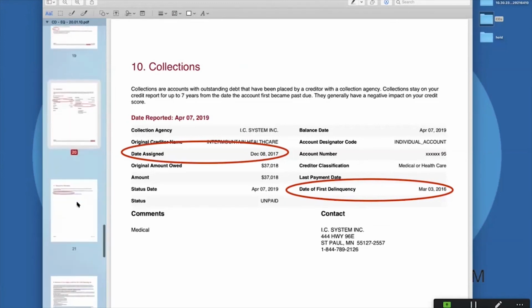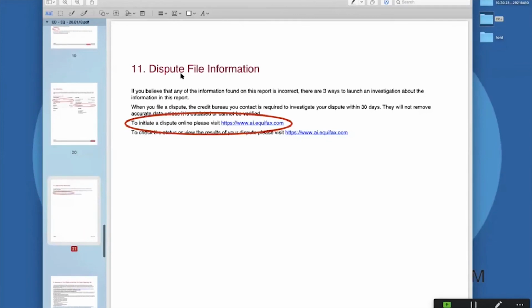And then let's go down to the final. Now, dispute file information. I'm going to tell you right now, guys, we've talked about this earlier, but do not dispute online, and they are encouraging you to. If the lenders or especially the credit bureaus tell you to do something or recommend something, it's already suspect in my world.